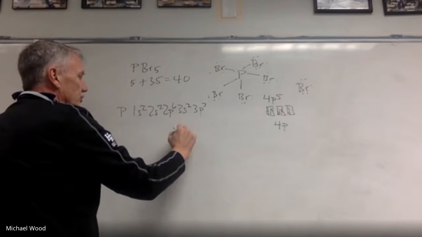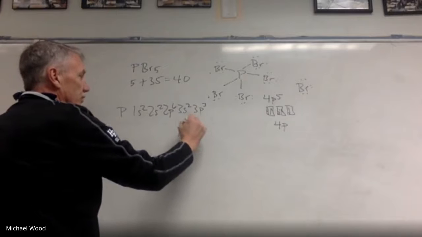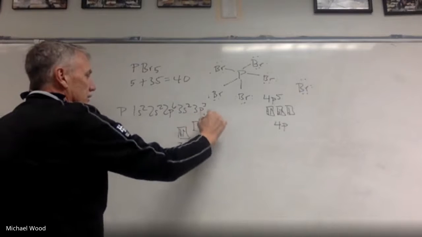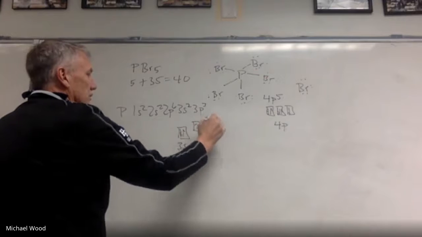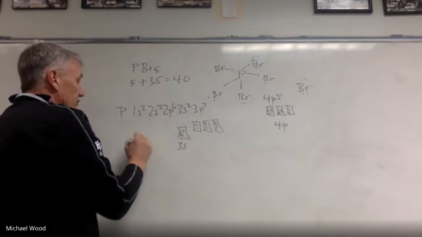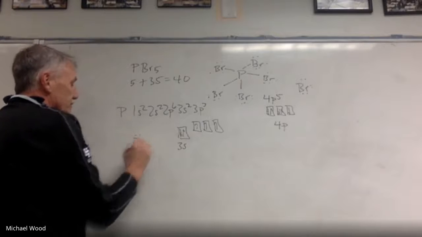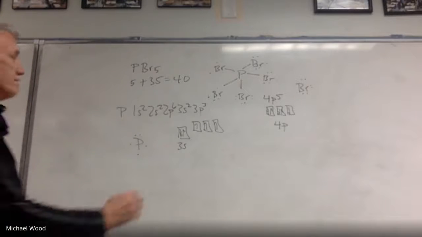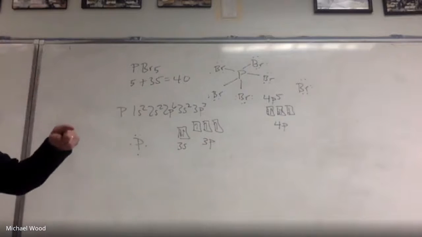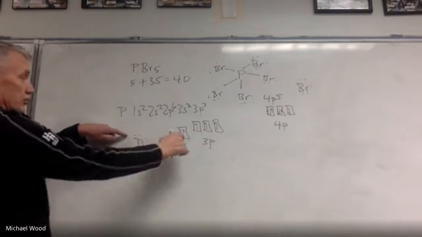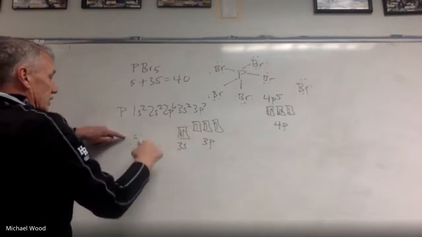So the 3s2 is a pair, and then the 3p3 looks like this. And if you think about the dots for phosphorus, it looks like this. Again, sometimes I go too fast, but that makes sense. So there's a 3s2, the pair, and then there's 3 singles.